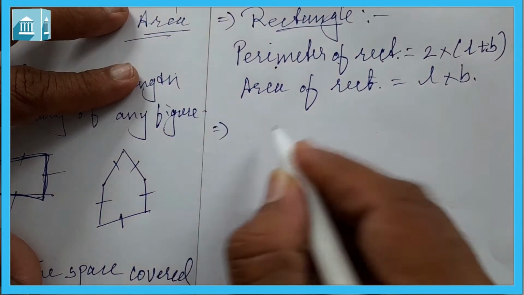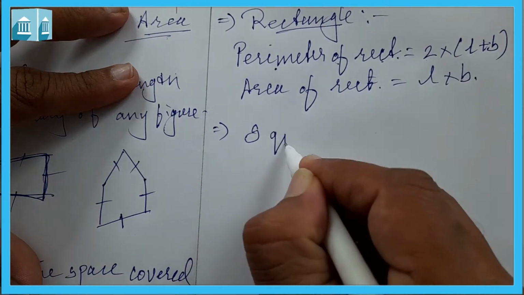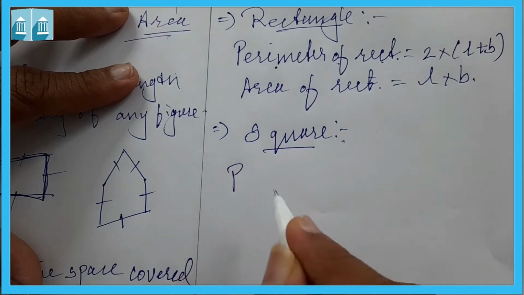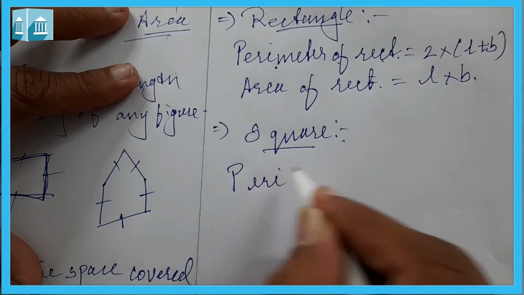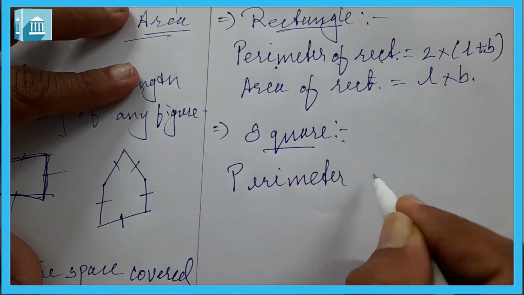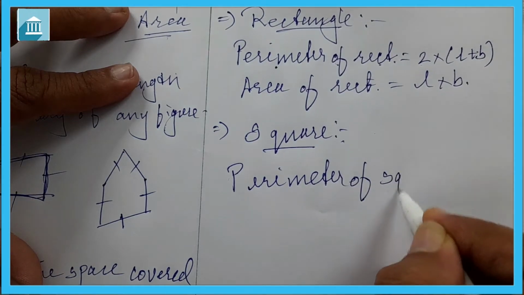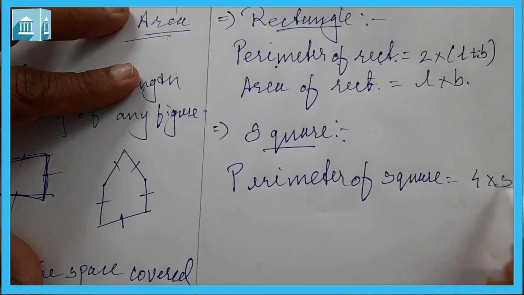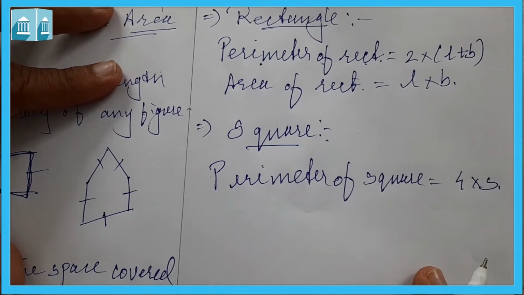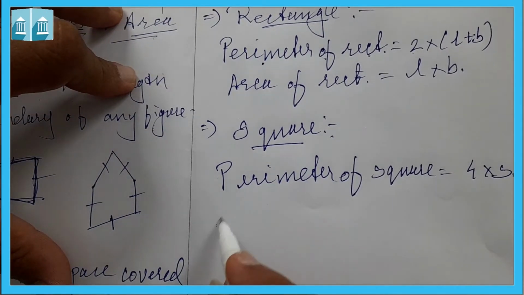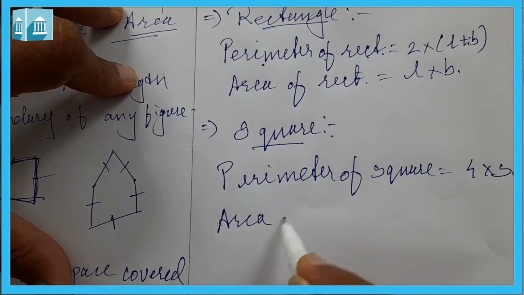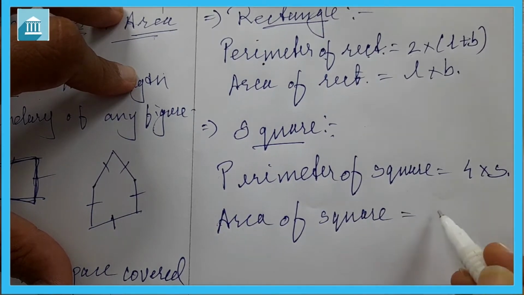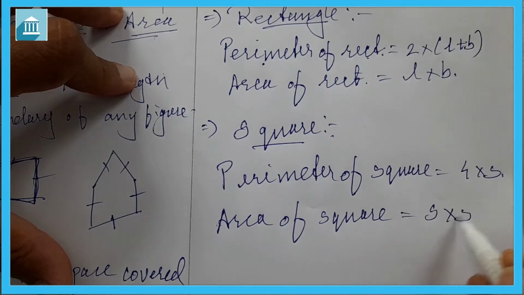Now for square, perimeter of square is equal to 4 multiplied by S. In the same way, area of square is equal to side into side.